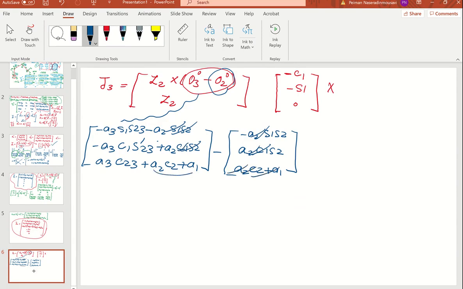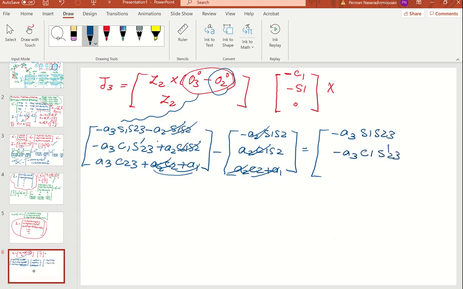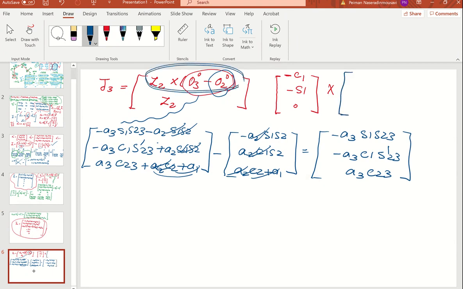So the result of this is going to be, minus A3 S1 S23, minus A3 cosine 1 S prime 23, and A3 cosine 23. So we have to calculate by this to have the first line.